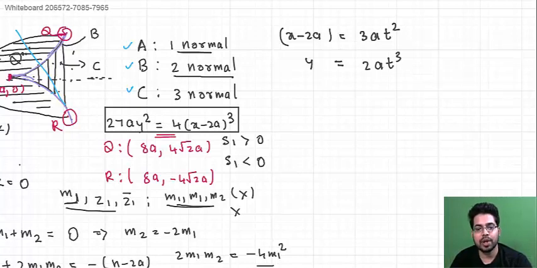So if you put this point over here, you can clearly check that this is going to satisfy this curve. So parametrically I have taken it in this way.